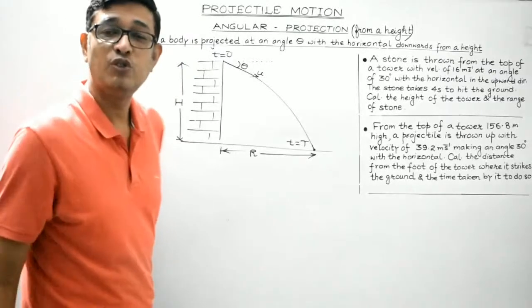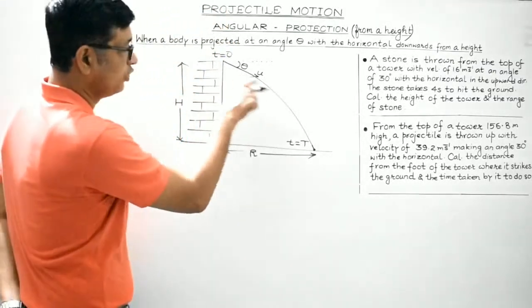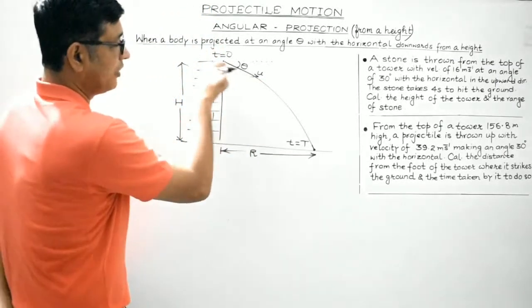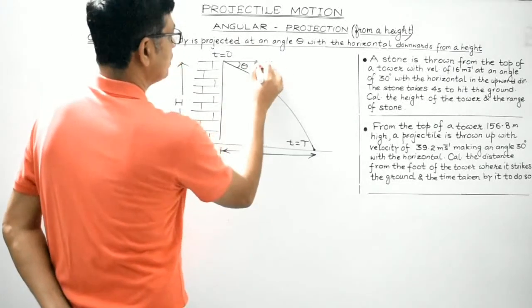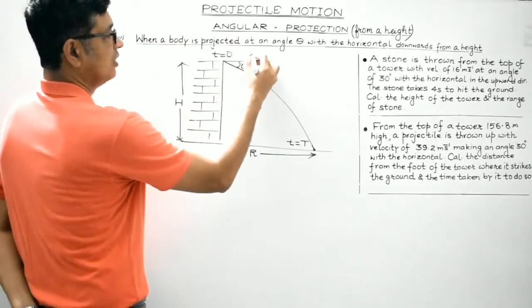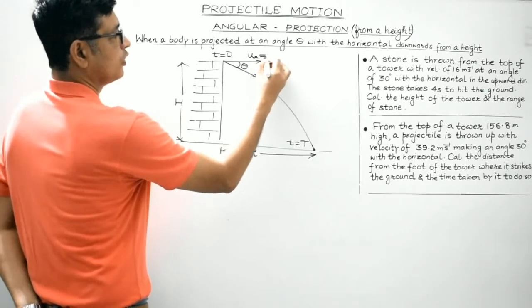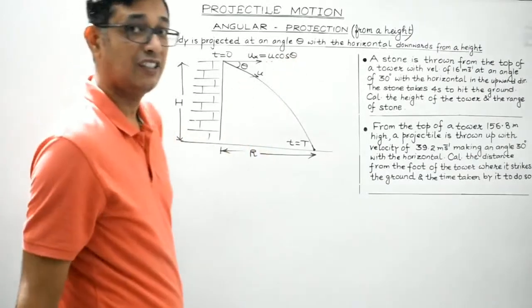Now in order to determine the equation of trajectory, we need to resolve this u into two perpendicular components, right? So splitting up of a vector into two perpendicular components. This component, students, which is along the horizontal, is the initial horizontal component of velocity, and it will be equal to u cos theta, isn't it?